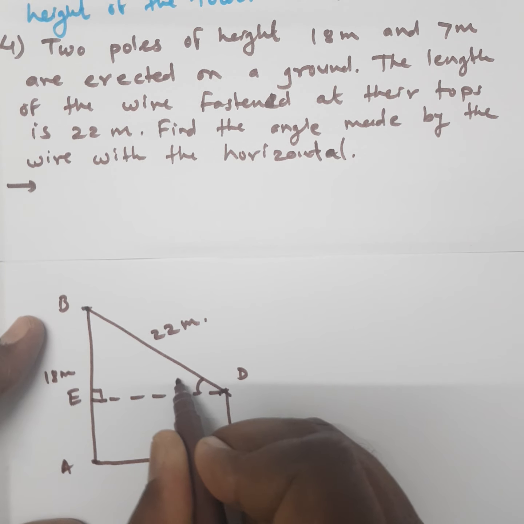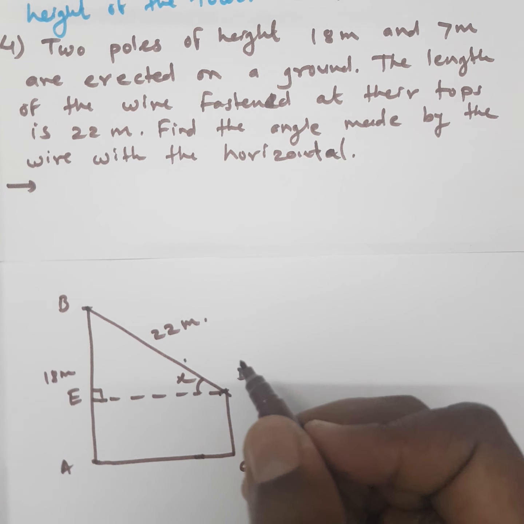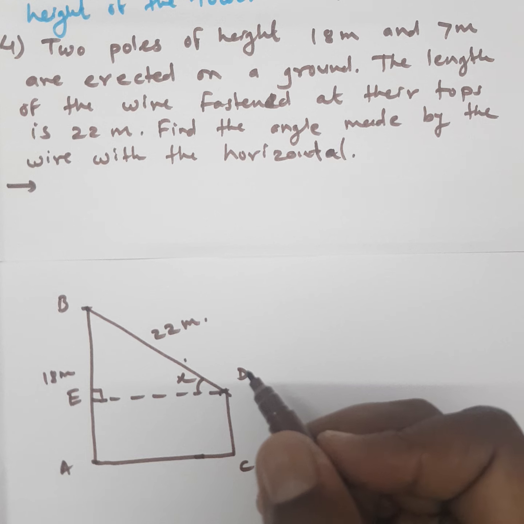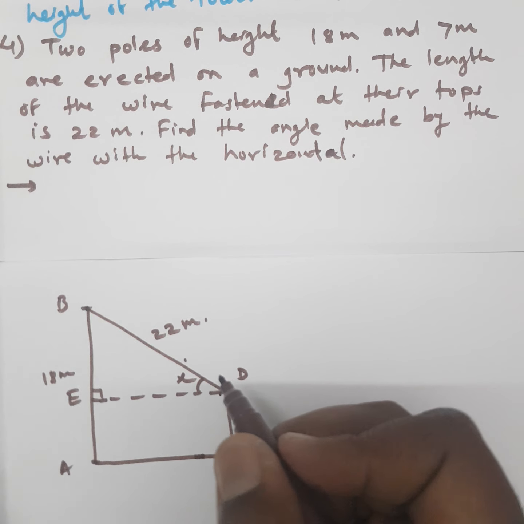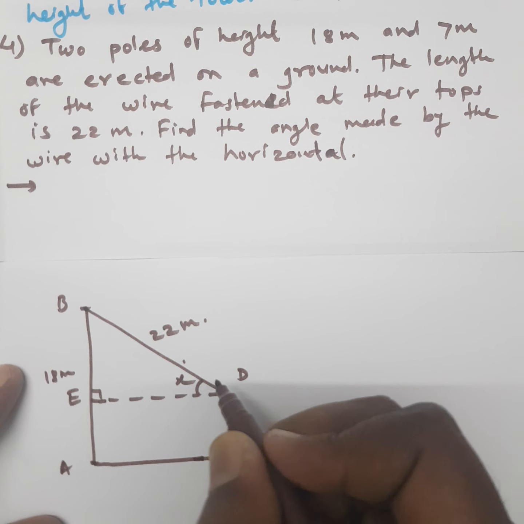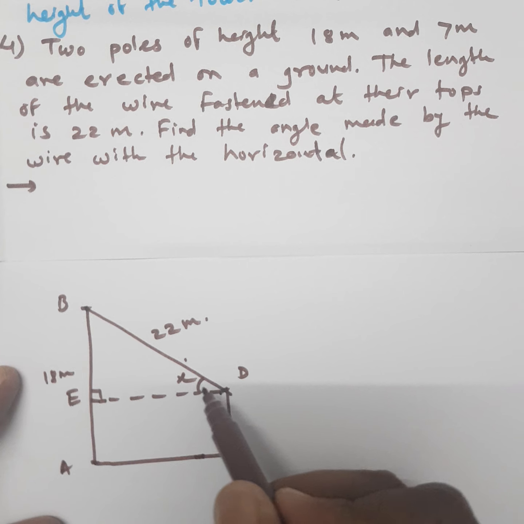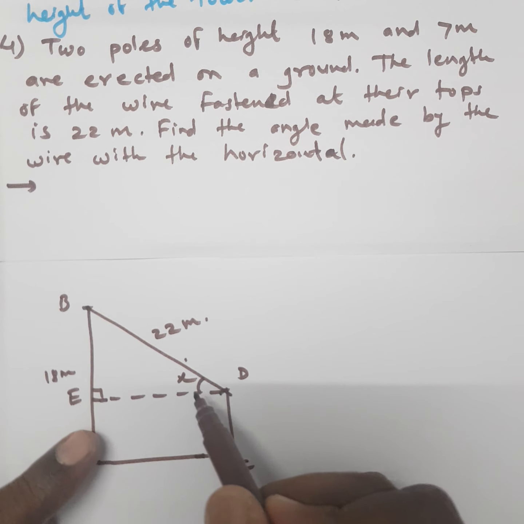Let it be x degree. We have to use the right angle triangle BED to find this angle D.